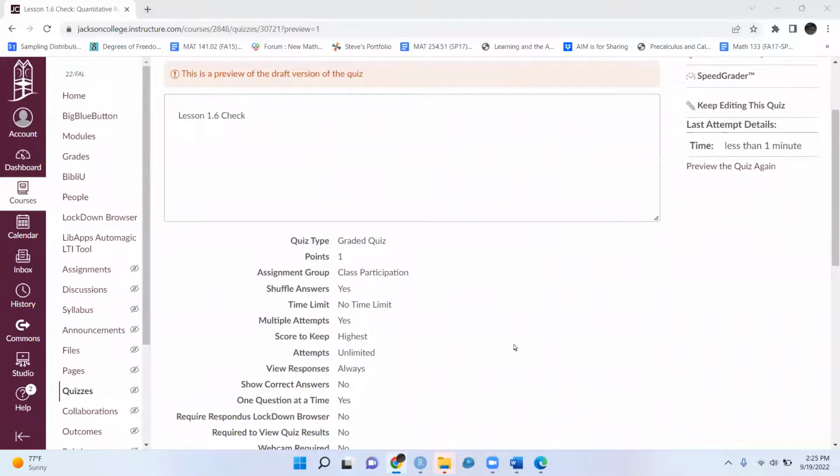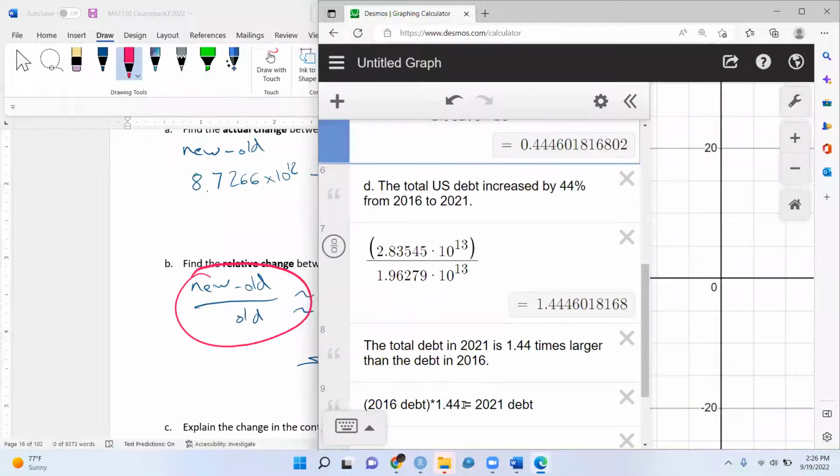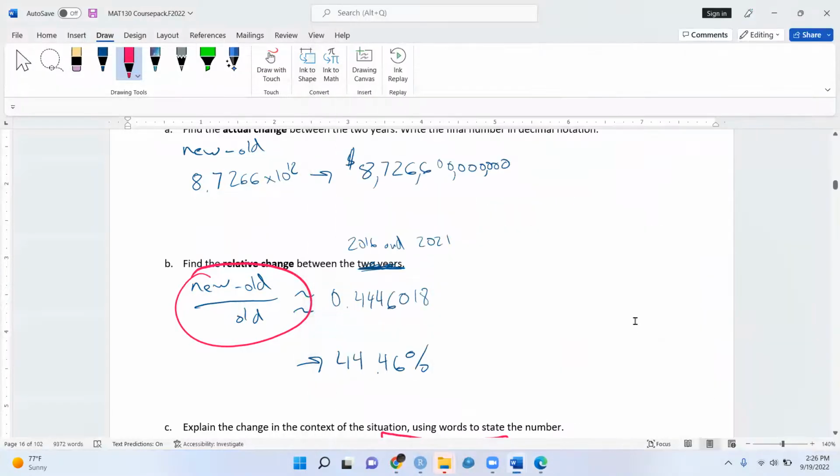So we've completed unit 1. What I would like to do in the last 45 minutes of class is to write up a review of unit 1.